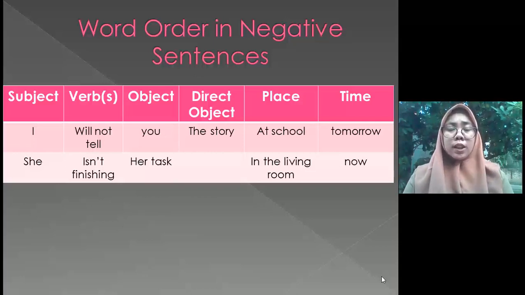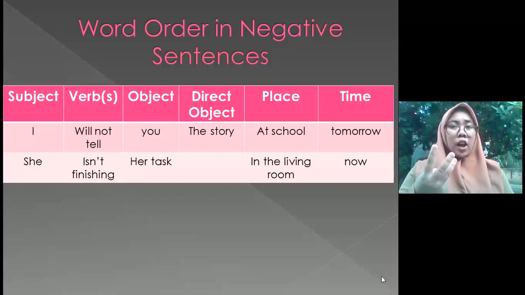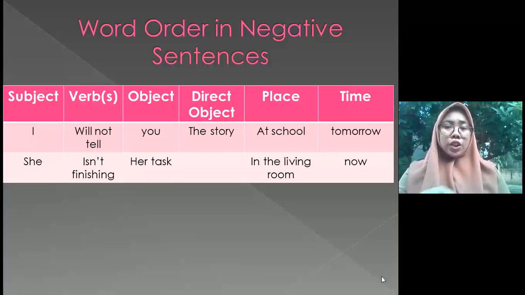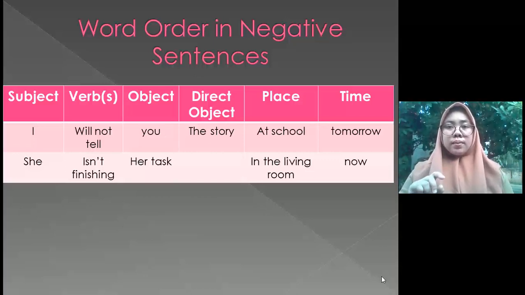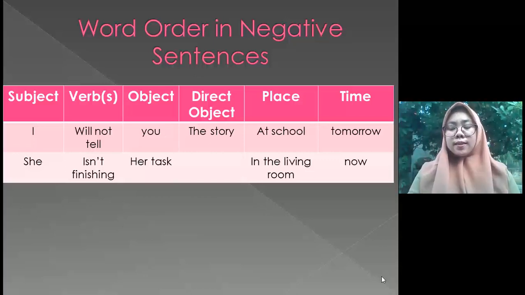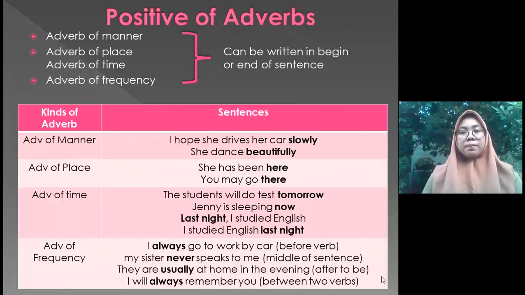To be in the present continuous tense there are three: am, is, are. So the sentence becomes she isn't finishing her tasks in the living room now. Living room here is the place, and now is the time. That's the negative sentence.